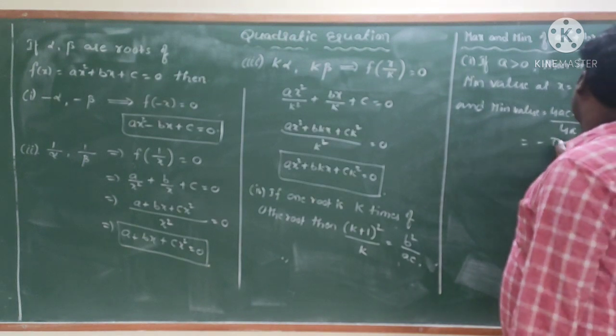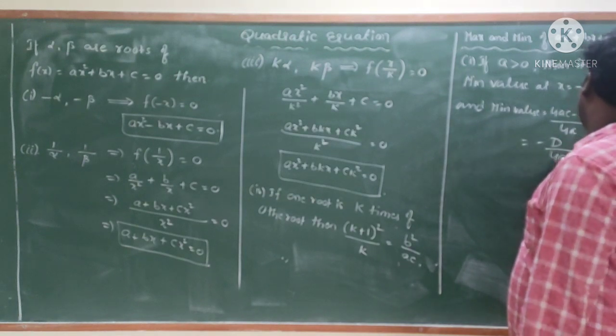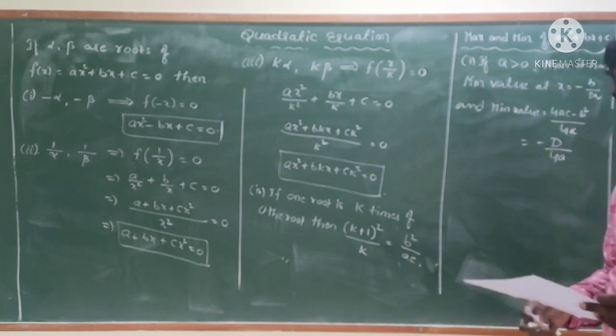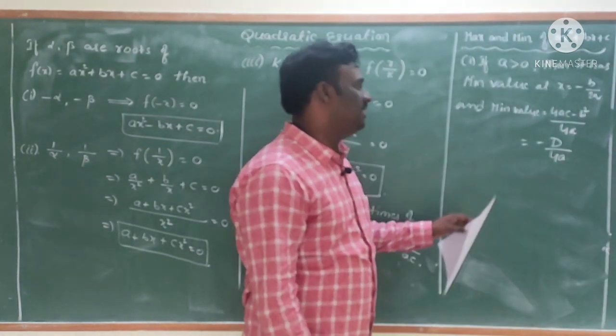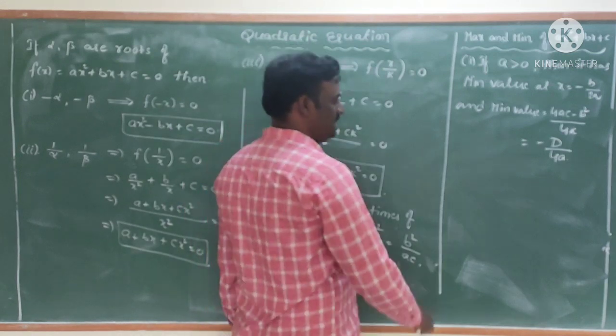It can be written as minus discriminant by 4a, because the discriminant is b square minus 4ac.